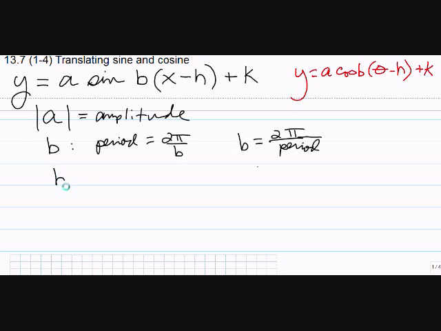The H is a horizontal shift. It's called a phase shift.